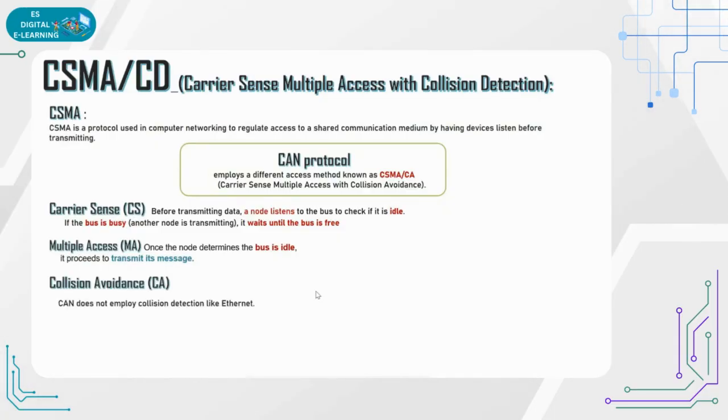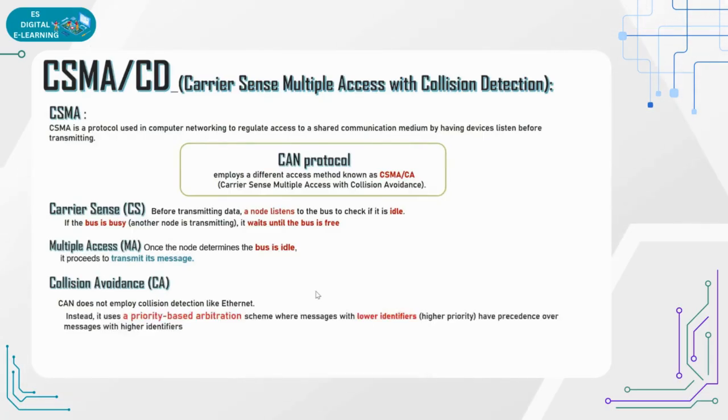And collision avoidance, CA. CAN doesn't employ collision detection like Ethernet. Instead it has priority-based arbitration. To avoid the collision, the lower identifier takes the higher priority, so then only the data will be transferred, and it will avoid the collision.